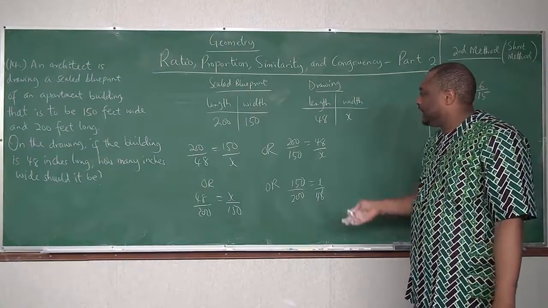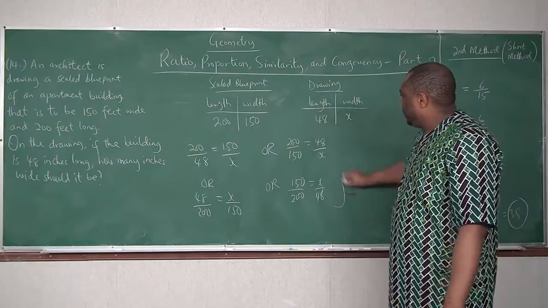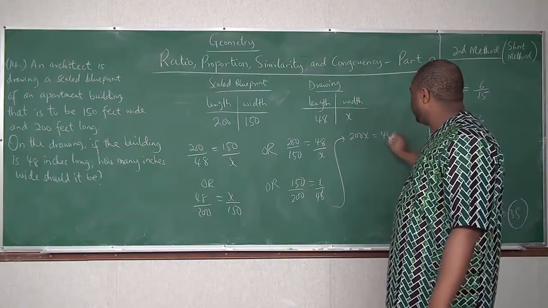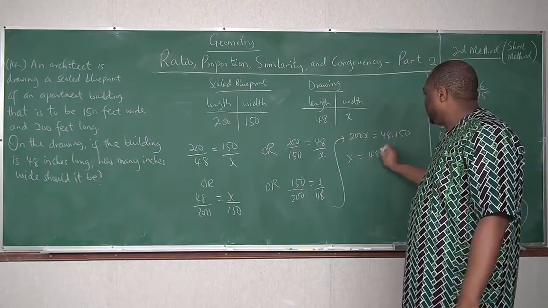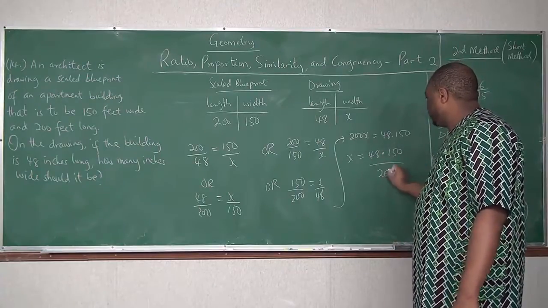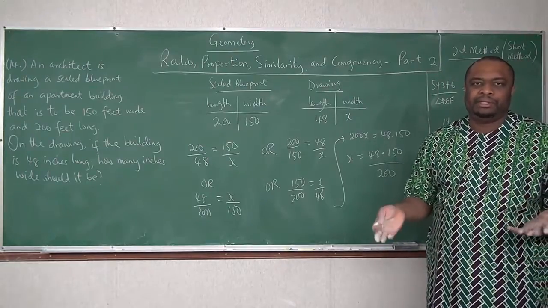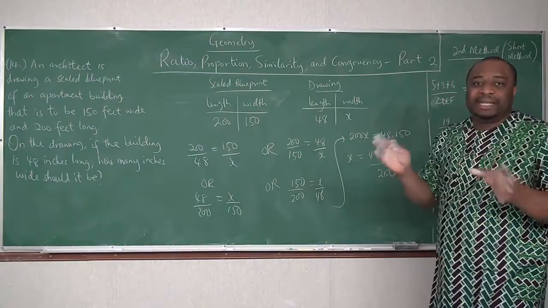So if we pick this one and do the cross product, we see 200x is 48 times 150. So x will be 48 times 150 all over 200. You can use your calculator to save time in some cases.